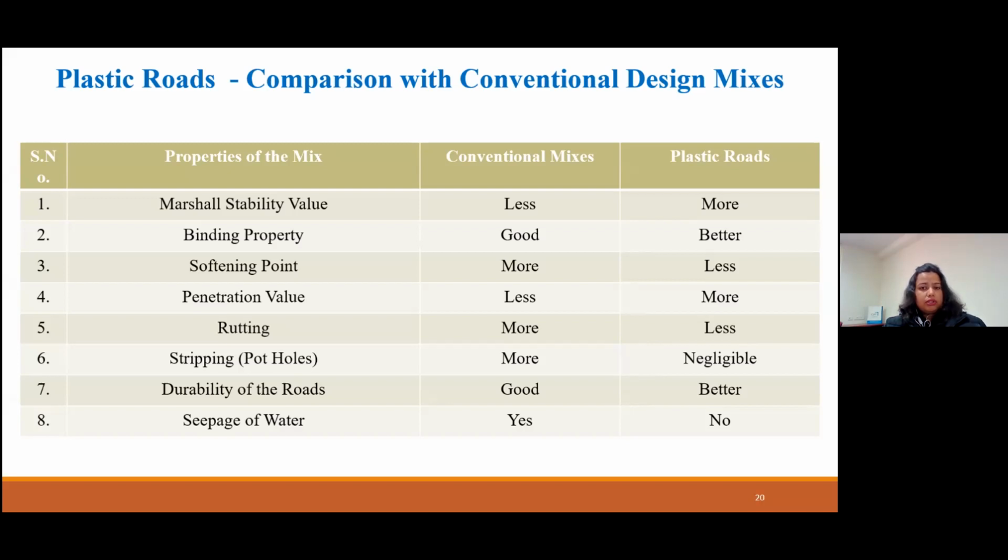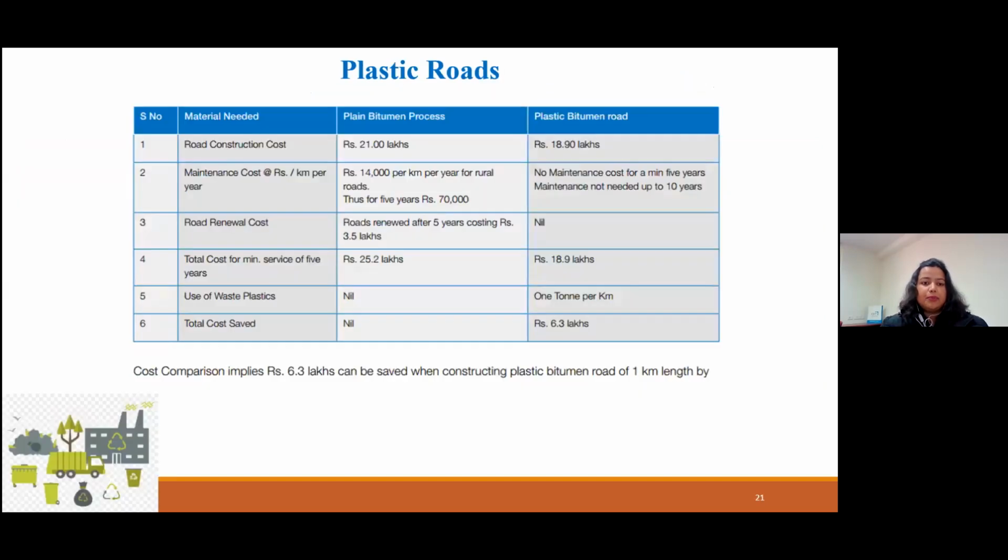The seepage of water is minimum, and obviously when the seepage is minimum, the stripping is also going to be negligible. So these properties give us an insight into how these mixes are not only sustainable, not only waste to wealth, not only economical, but are actually improving upon the performance of the pavement.